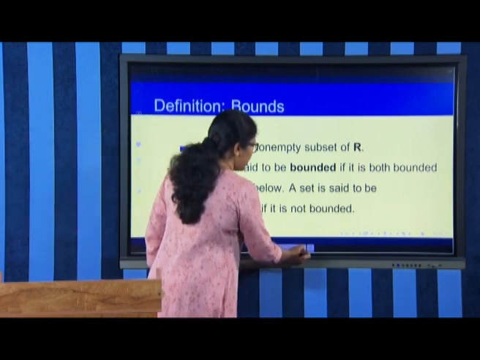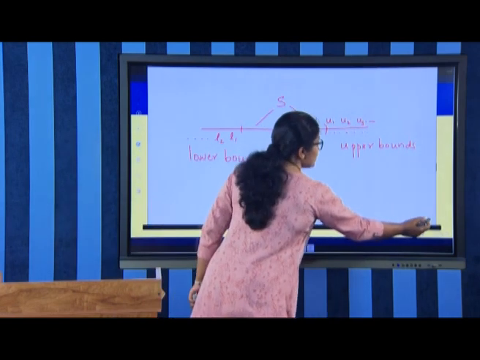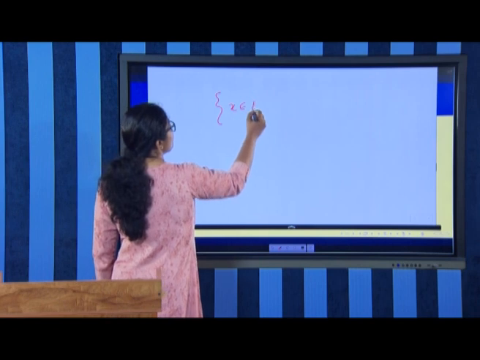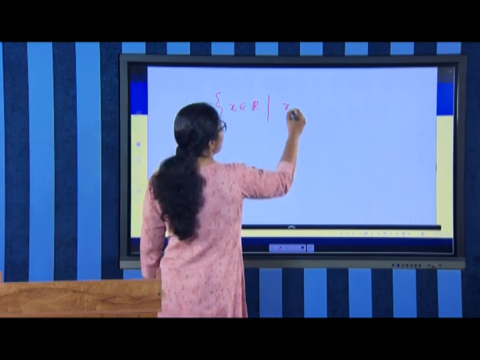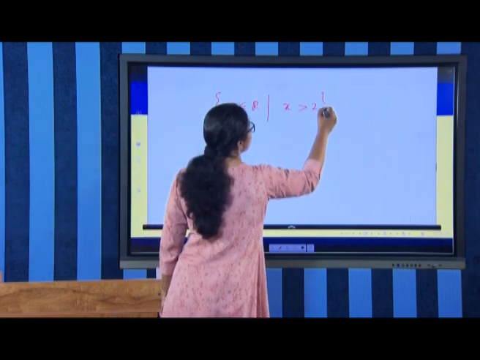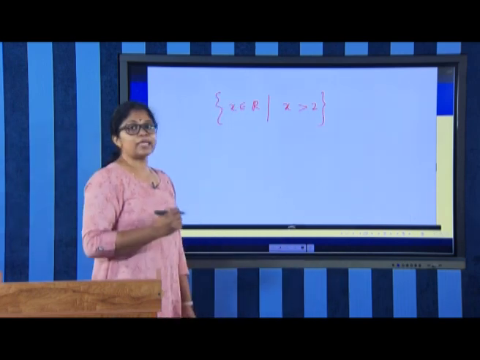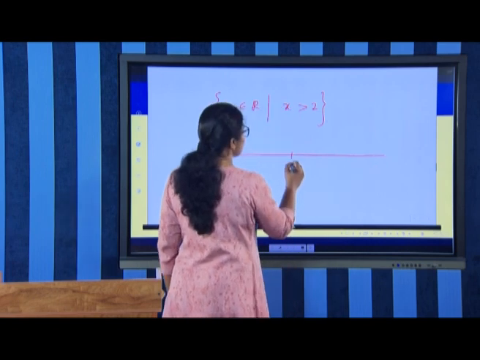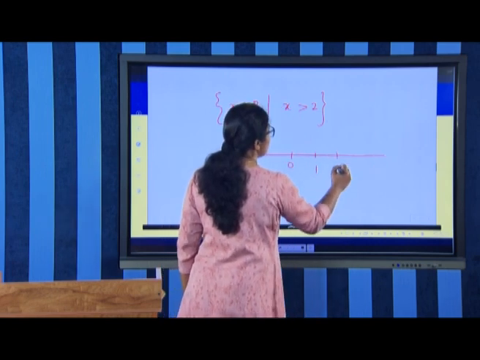So, for example, consider the set of all x belonging to R such that x is greater than 2. On the real line we have 0 somewhere here, 1, 2.